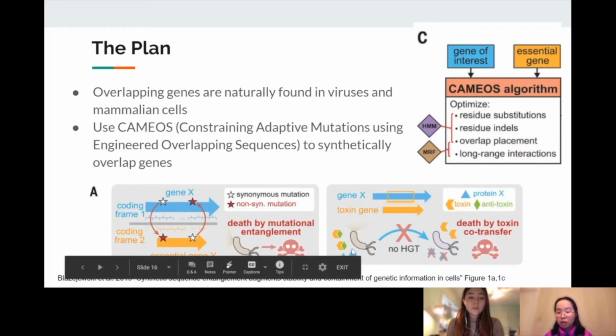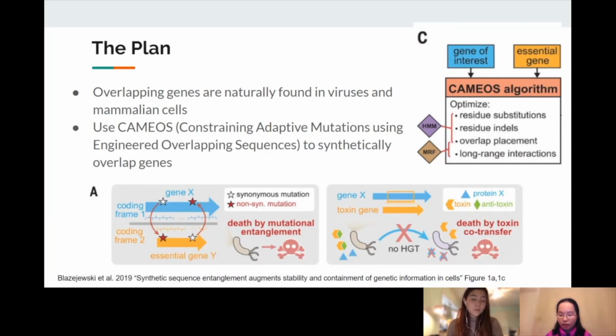So the cell that you engineer this in is fine. But what this does is prevent the horizontal gene transfer of one gene from one cell to the other cell. And the process of horizontal gene transfer is especially common in the spread of antibiotic resistance genes.